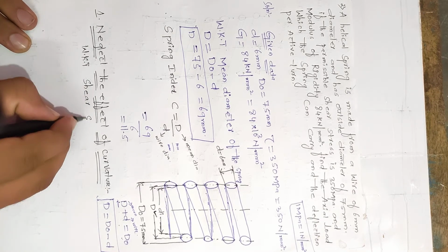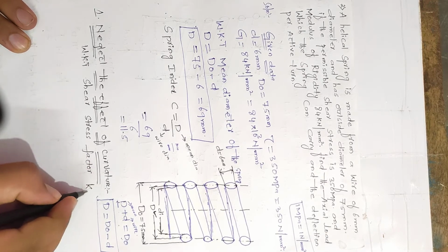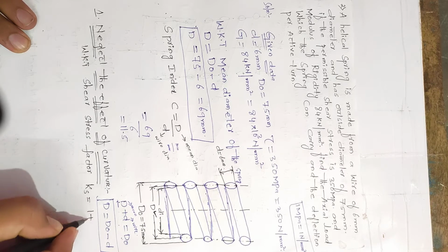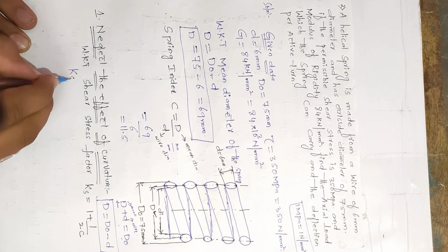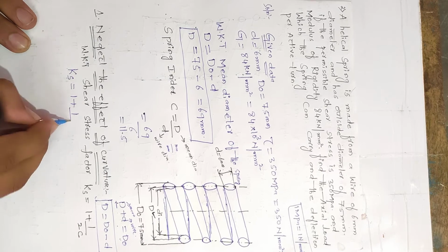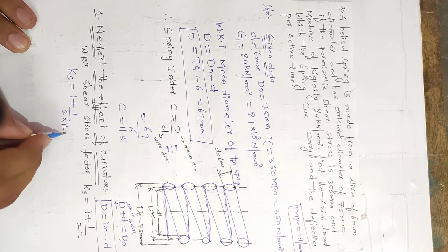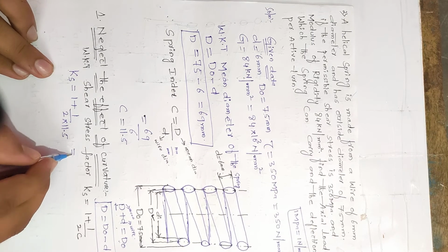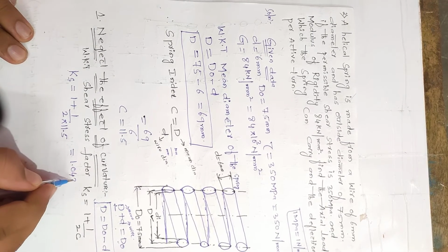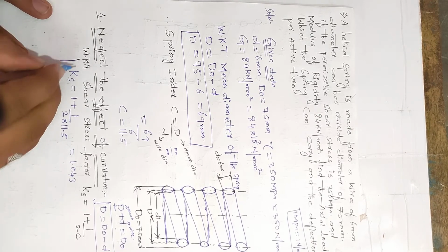The shear stress factor formula is Ks is equal to 1 plus 1 by 2C. Okay dear. So Ks, nothing but the shear stress factor, equals 1 plus 1 by 2 into C. The spring index value is 11.5. If you calculate with the help of a calculator, you will get the value 1.043. This is the value of the shear stress factor.